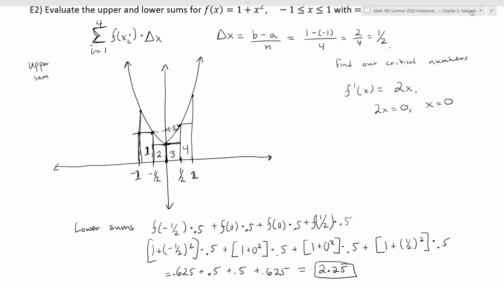So f of -1 is going to be bigger. If we take a look at f of -1 equals -1 squared plus 1, so that equals 1 plus 1. That's equal to 2. So that's a higher place. That's going to make a bigger rectangle. So that would be for like the upper sum? That's it. That's right. Okay, thank you.